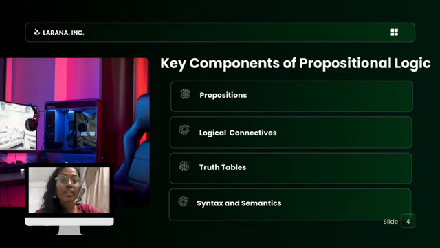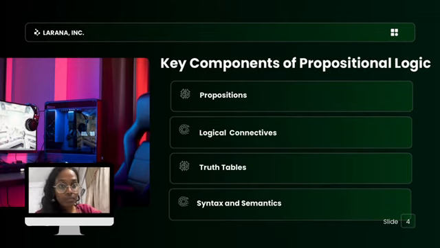And then we also have implies, which is true unless the first statement is true and the second statement is false. For instance, if P is "the program is running" and Q is "the database is empty," we can form expressions like P and Q or P or Q to represent the relationship between them.